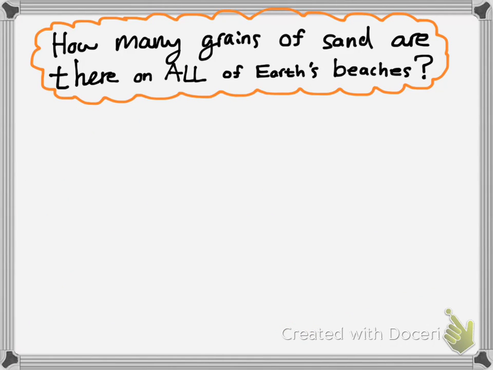Okay, so how many grains of sand are there on all the Earth's beaches? I know it's just like a random question. Where'd that come from? But just think about it. It was a study done by the University of Hawaii. And the question is, how'd they calculate that? Is there a number that could express all the grains of sand on the Earth's beaches?